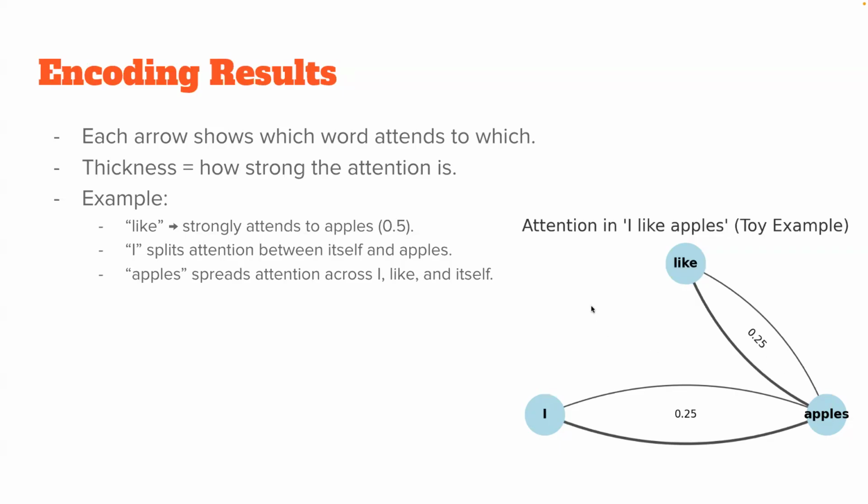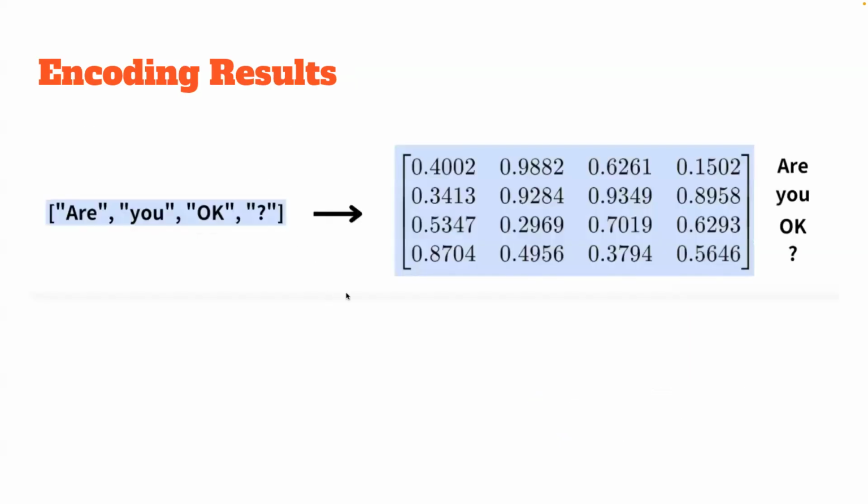After all this analysis, for every word you show how strong its attention is to the other words. It's almost like a relationship weight: for this word, which other words matter more. That's what they're trying to capture here.